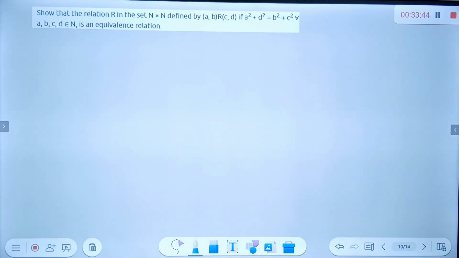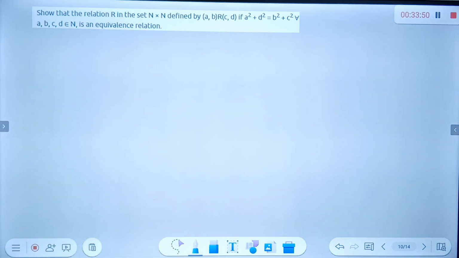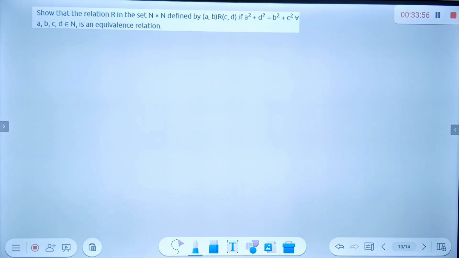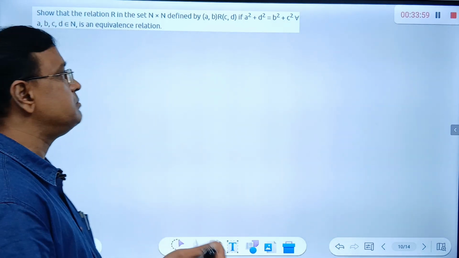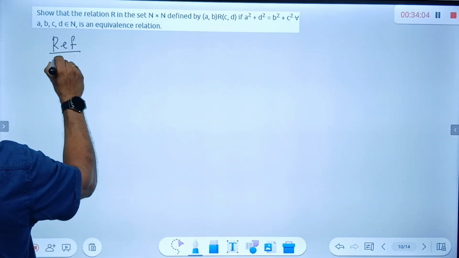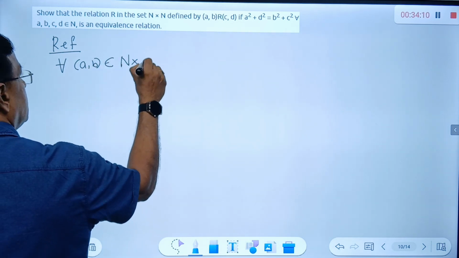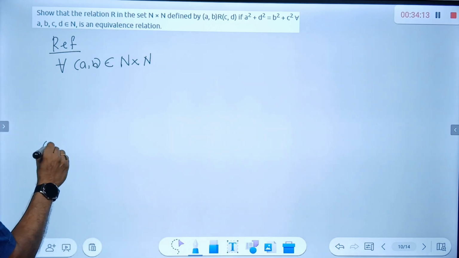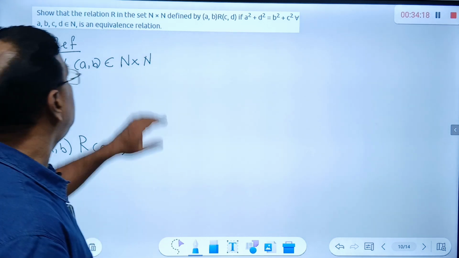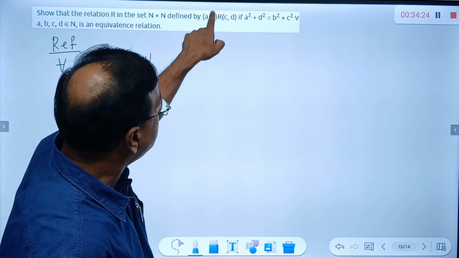Now let's go to the next question. Show that the relation R on the set of all natural numbers cross natural numbers is defined as (a, b) R (c, d) if a² + d² = b² + c². We have done similar questions before, so let's see how to go about it. Reflexive: for every (a, b) belongs to ℕ × ℕ, I need to prove that (a, b) is related to (a, b). How is the relation defined? The extremes are squared and added, and the means are squared and added.